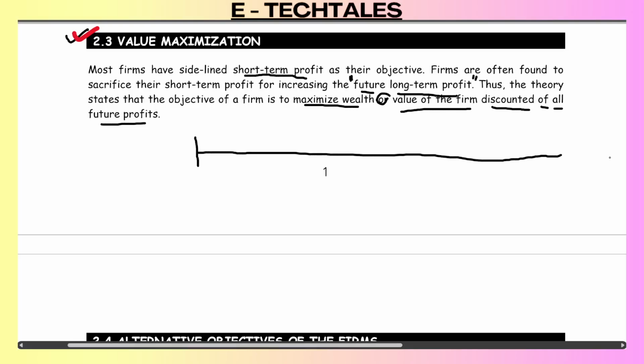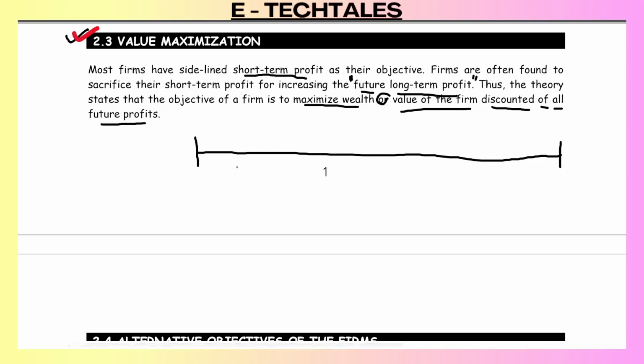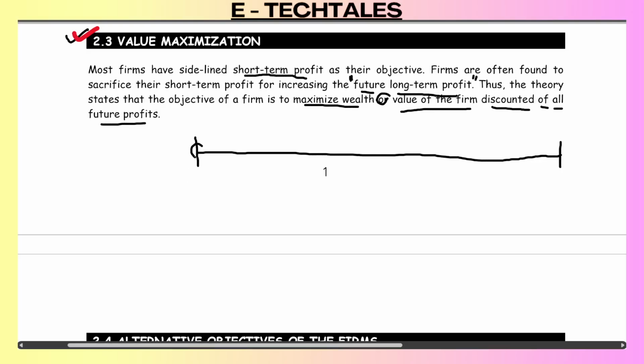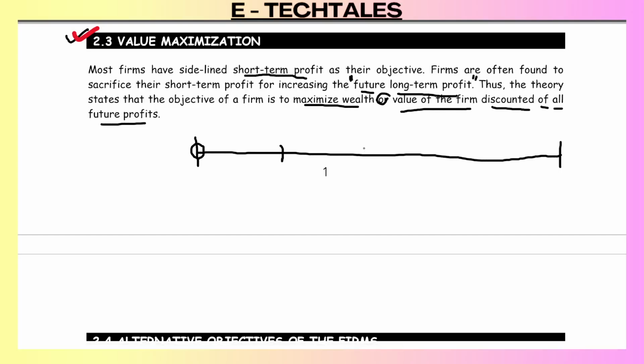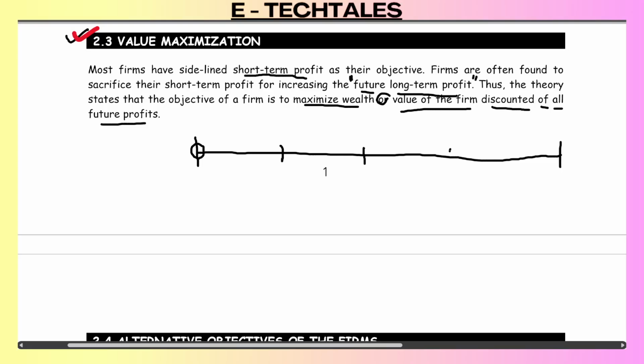a firm. Okay, so suppose this is a timeline of a firm, and this is the present scenario of the firm, right? So after 1 year, there is a profit. After the second year, there is a profit, and after the third year there is another profit.